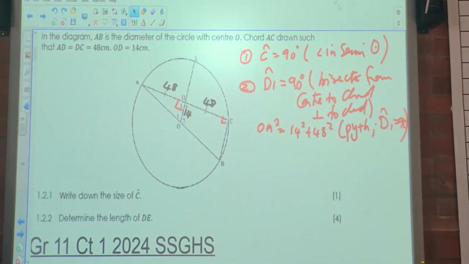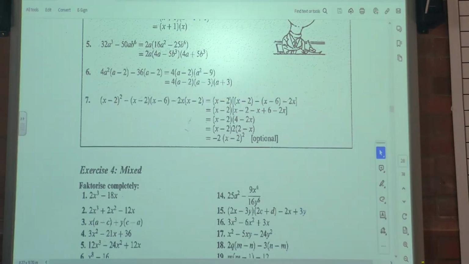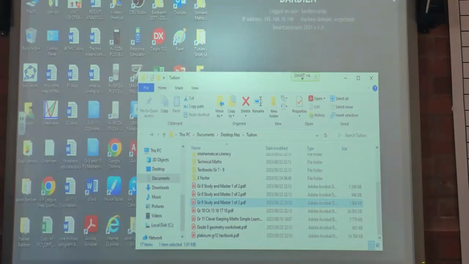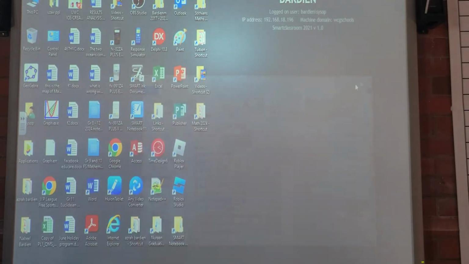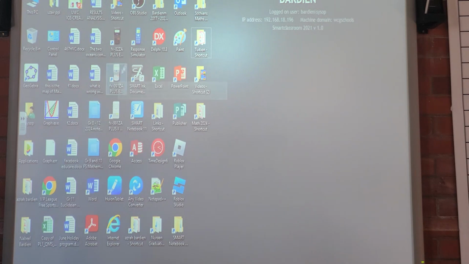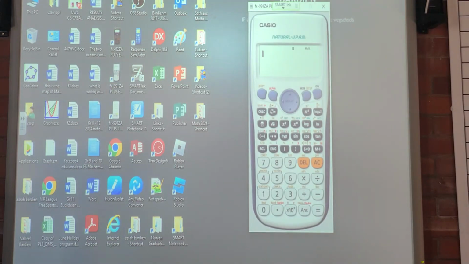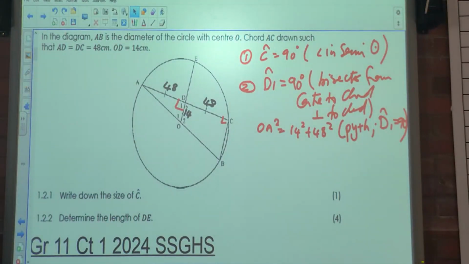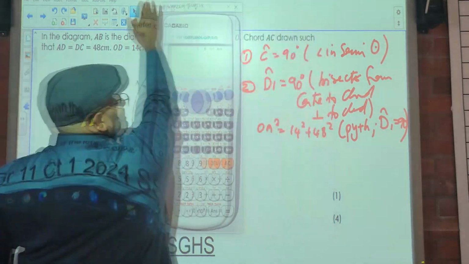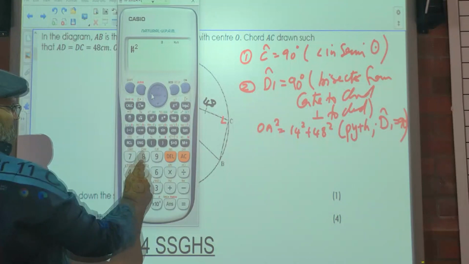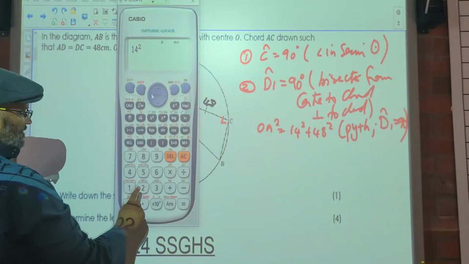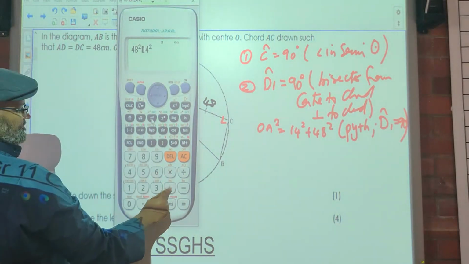Okay, so we've got 14 squared and 48 squared.